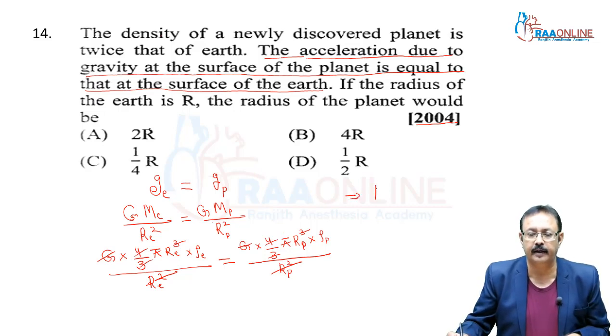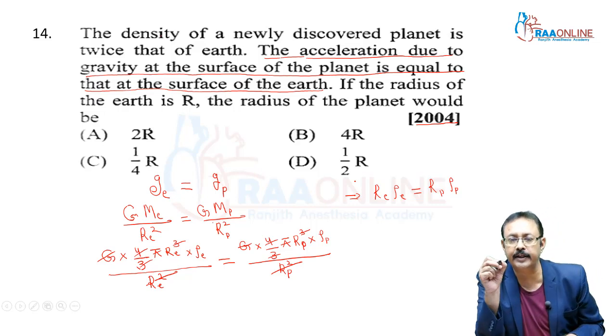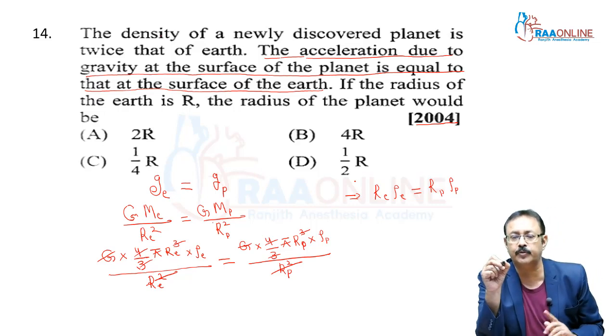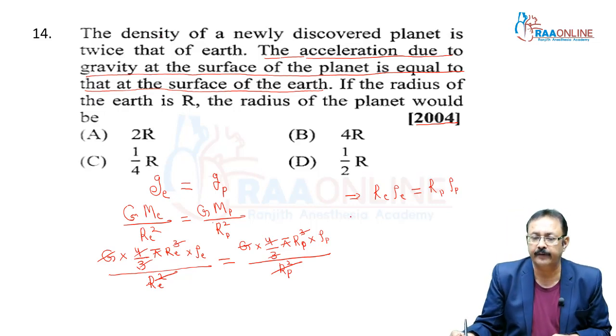This side Re, rho e, and on that side Rp, rho p. What they are saying: the density of the newly discovered planet is twice that of Earth. Given density of planet is twice that of density of Earth.